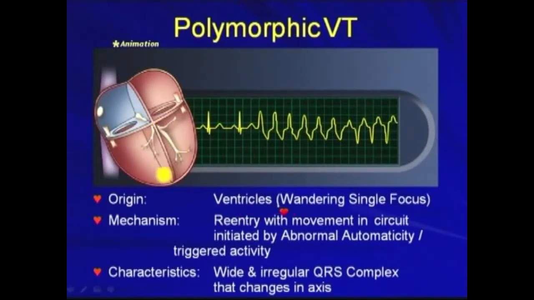It originates from the ventricles, from a so-called wandering focus, and it's a re-entry mechanism with movements in circuits, initiated by abnormal automaticity or triggered activity. Again, it's a wide and irregular QRS complex that changes in axis. As you can see here, the polymorphic VTAC changes in axis. There's a wandering focus in the ventricle.